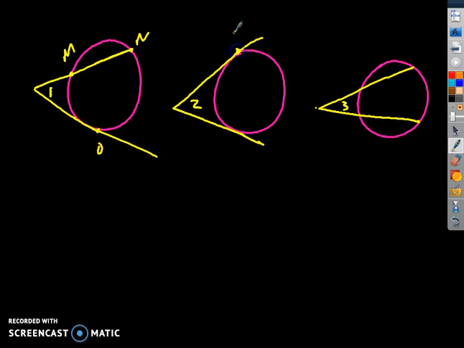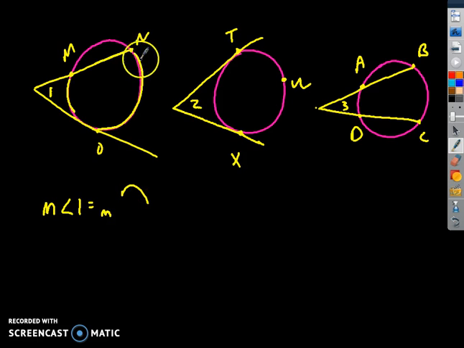And let's get this arc again. Let's say this is M. Let's say this is T, W, X, and let's say this is A, B, C, D. What I know for certain is the measure of angle 1 is equal to the measure of arc NO subtract arc MO, divided by 2.